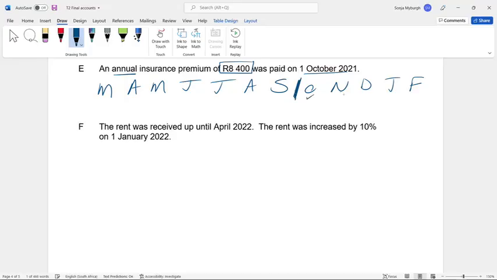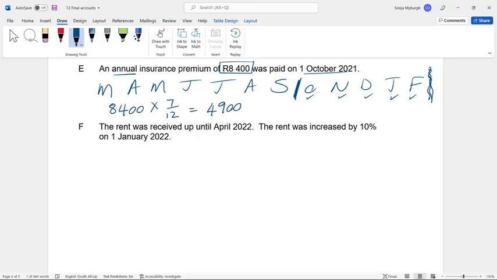But only 1, 2, 3, 4, 5 months is within our financial year. Therefore, we've paid 7 months in advance. So the 8,400, 7 months of that amount is for the next financial year. In advance, we subtract.